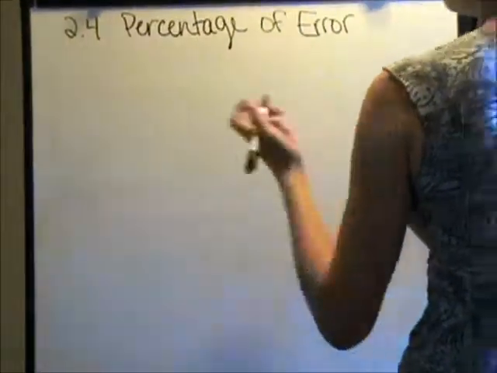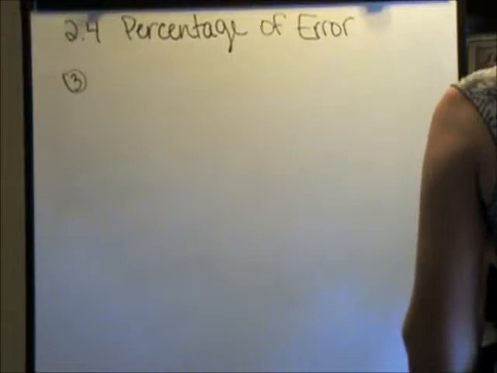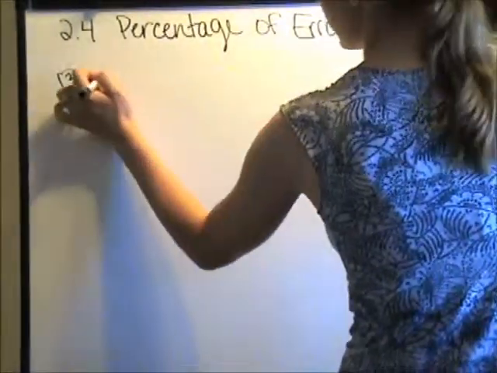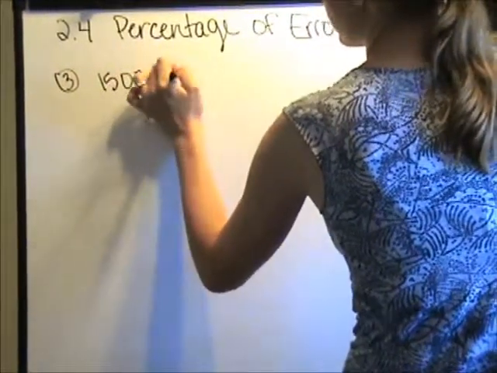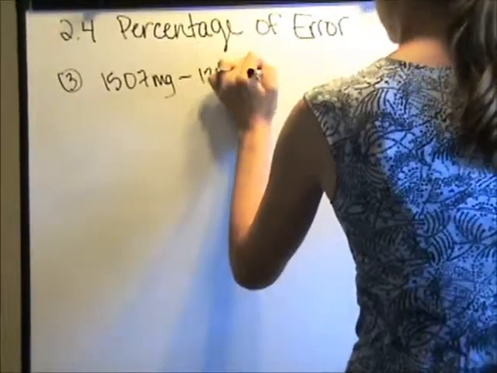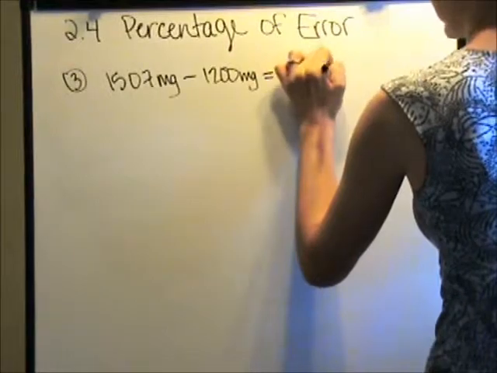All right, let's look at number 3. The measured weight was 1,200 milligrams, but the actual weight is 1,507. So I need to calculate the amount of error, 1,507 minus 1,200, and that is going to give us 307 milligrams.